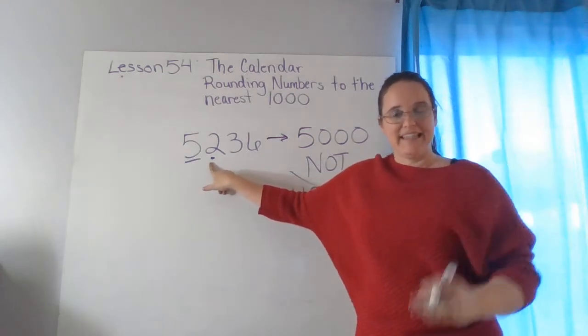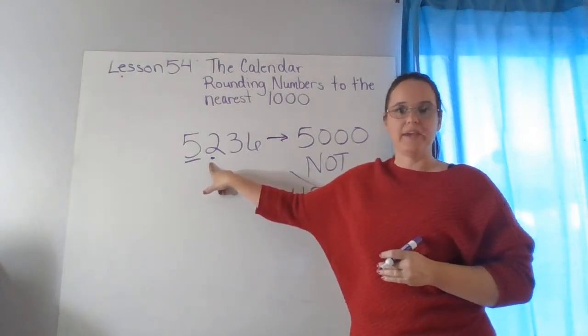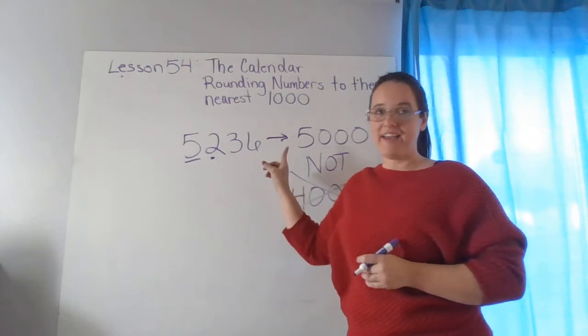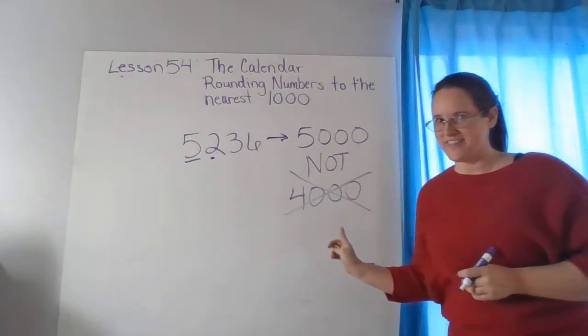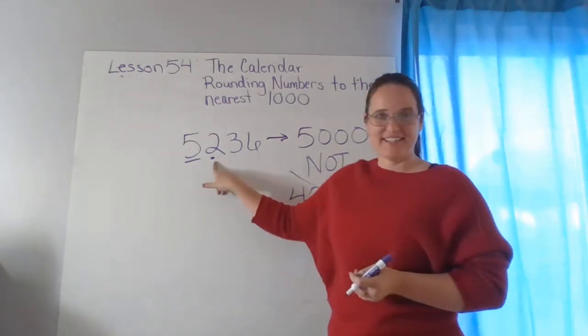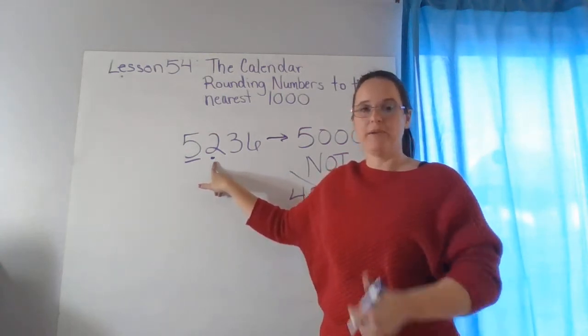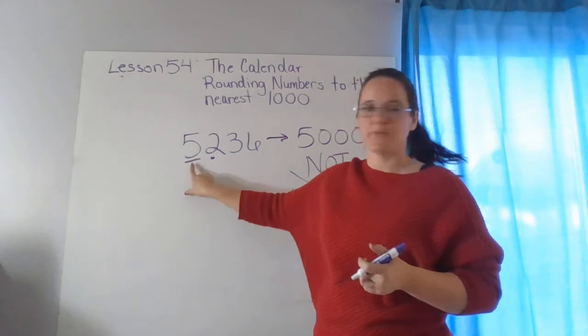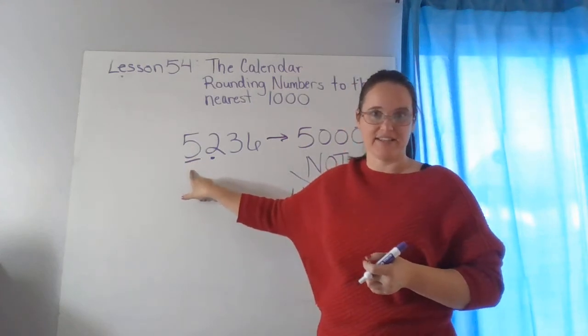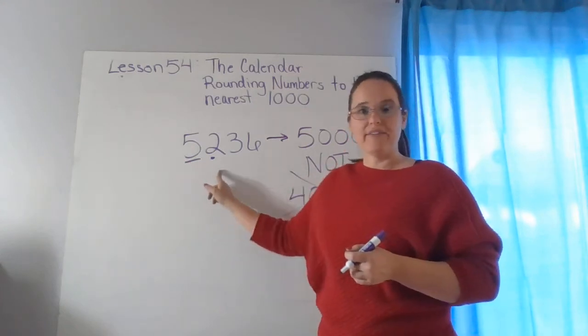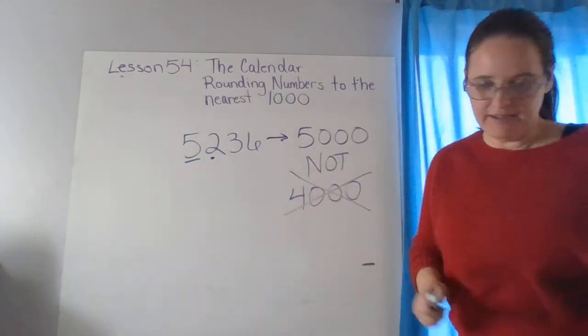If the number is less than 5, we round down to 5,000, not to 4,000. If this digit is more than 5, or if it is 5, we round up, and in that case, we're going to change this to 6,000. So in this case, round down to 5,000.